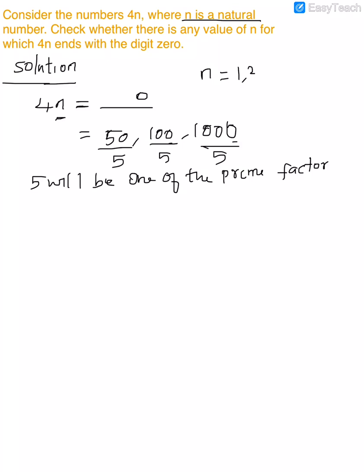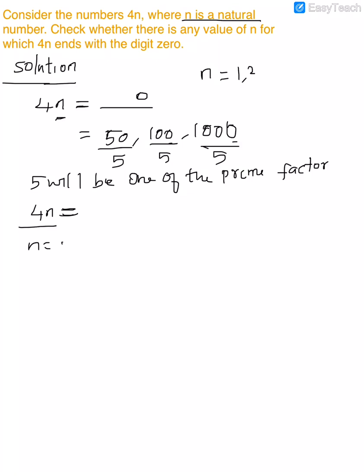So we are going to check whether 4^n has the prime factor 5 or not. If 5 is one of the prime factors of 4^n, then 4^n must end with 0 for some particular n value.